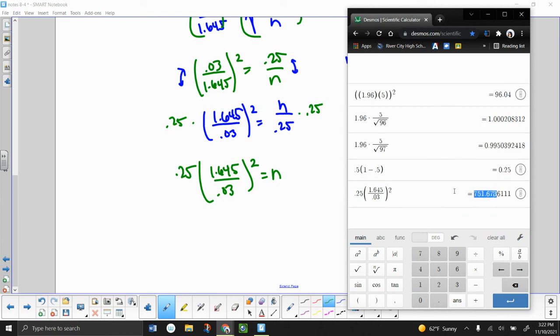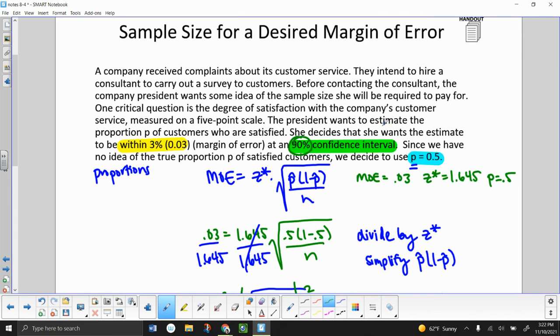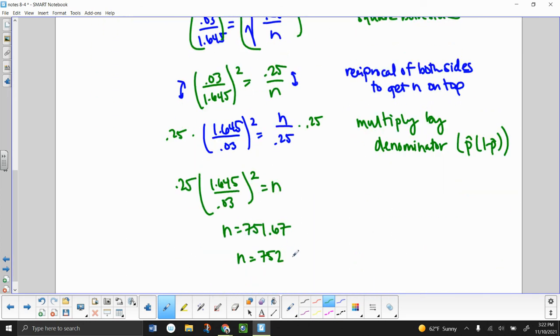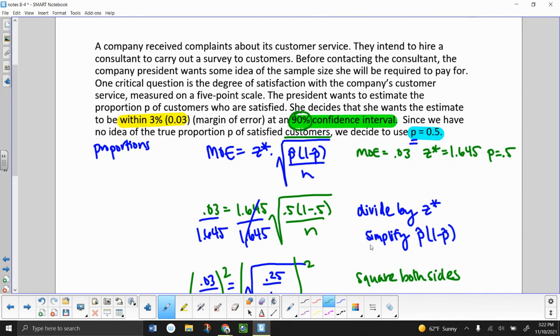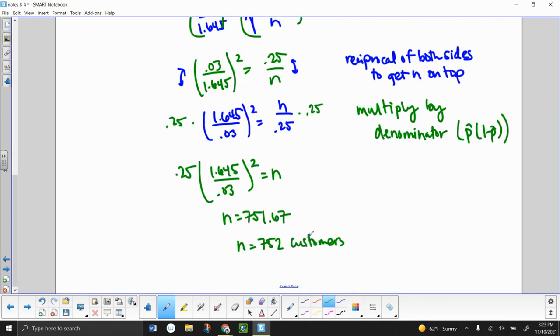So we get 751.67, and since we always round up, we're going to need 752. And so we're going to interview that many customers. In context, we would say, in order to get an estimate to be within 3% at a 90% confidence interval, we need to sample 752 customers.